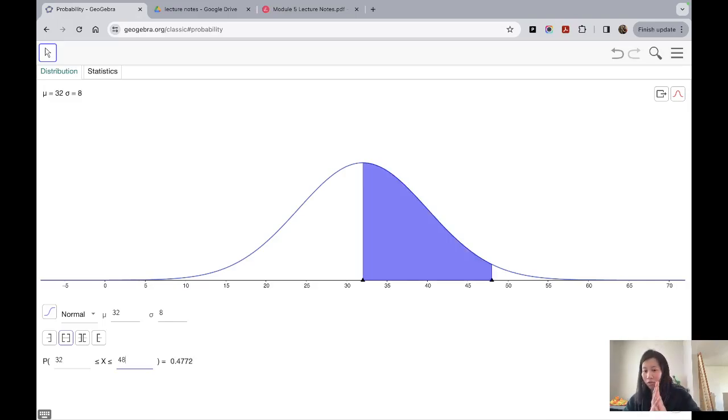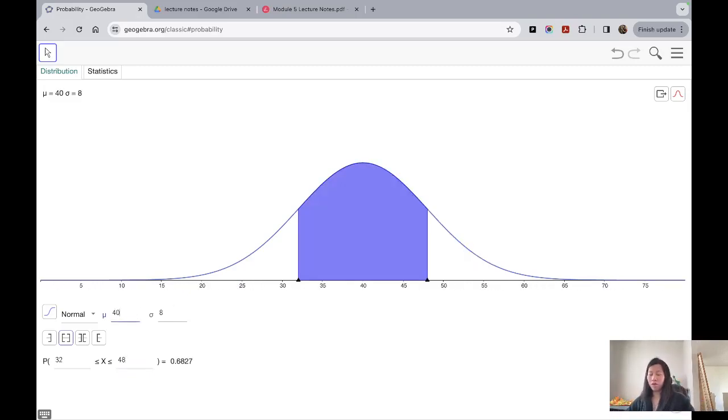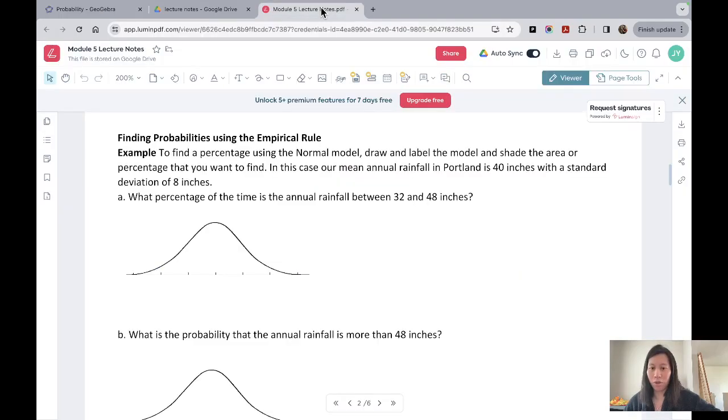So in here, mu is 40, the mean is 40, and the standard deviation is 8, and we want to find the probability that the rainfall is in between 32 inches and 48 inches. It's going to be 68.27%.